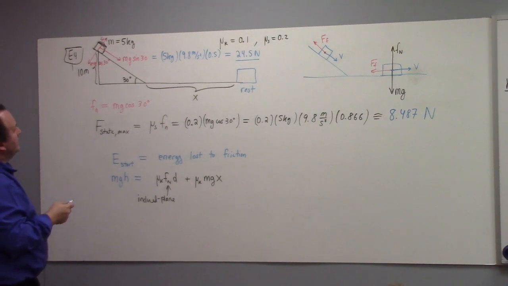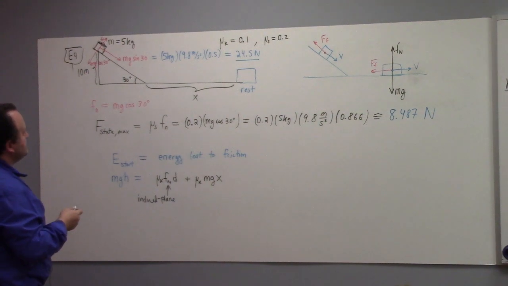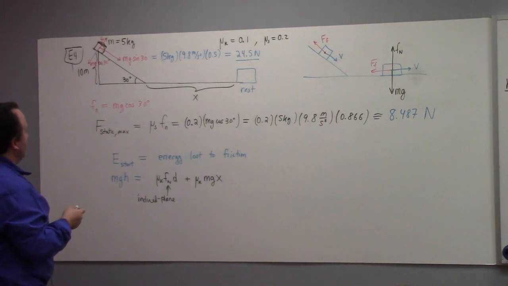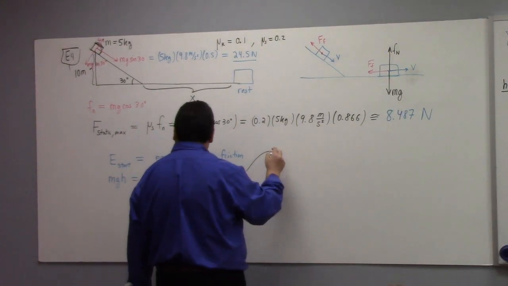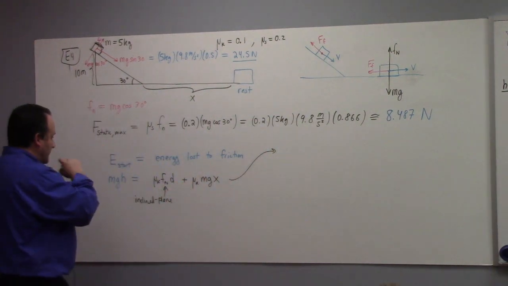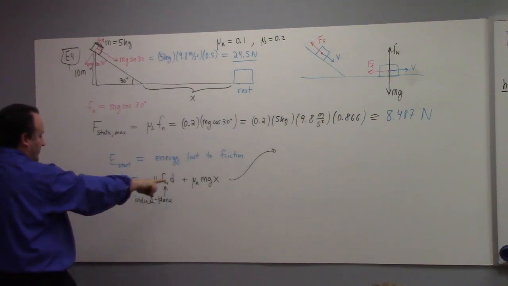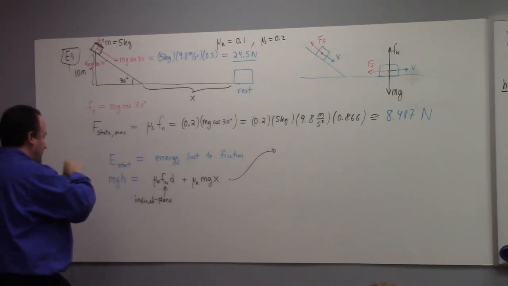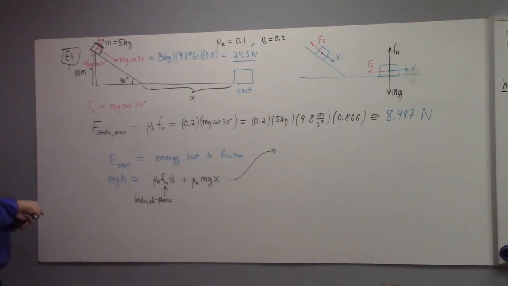So what's d? 10 times sine of 30? No. The hypotenuse should be longer than the opposite side. 10 over sine of 30, I think we'll do it. Let's see here. My normal force was mg cosine 30. There's an m and a g everywhere here, so let's divide by mg to make life easier.